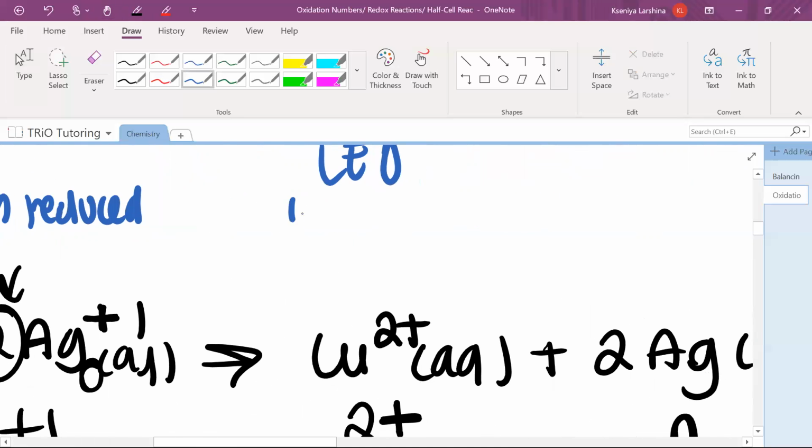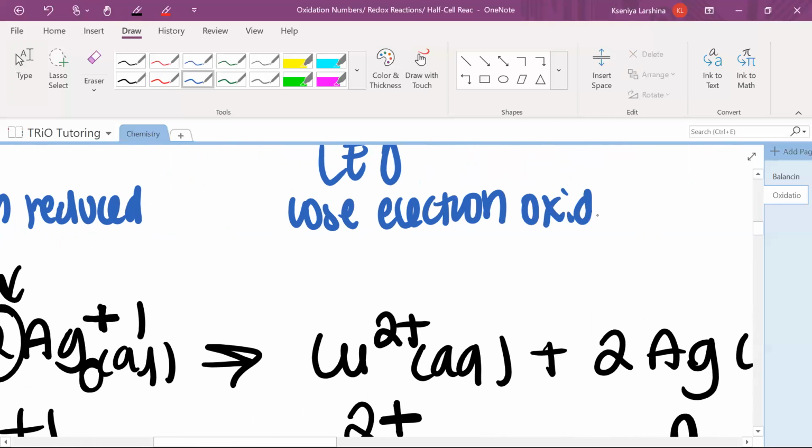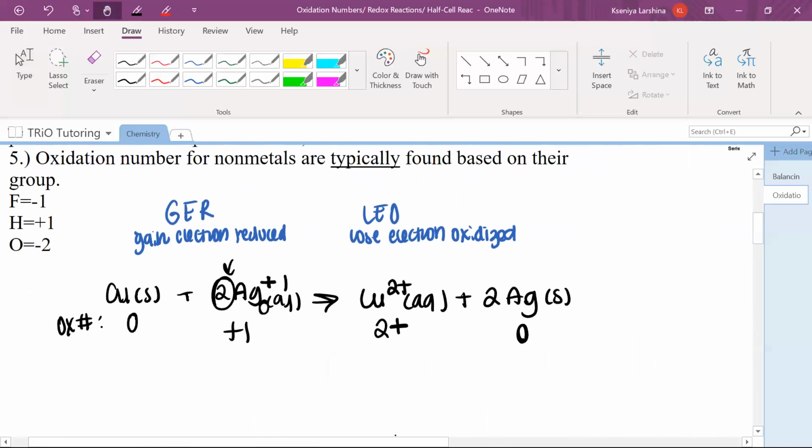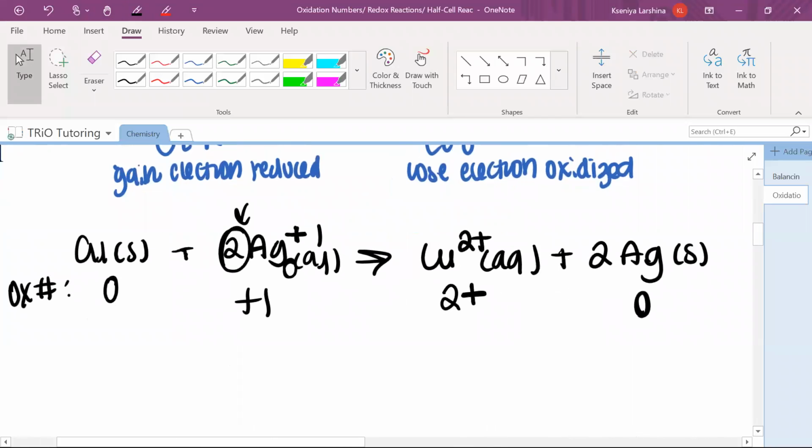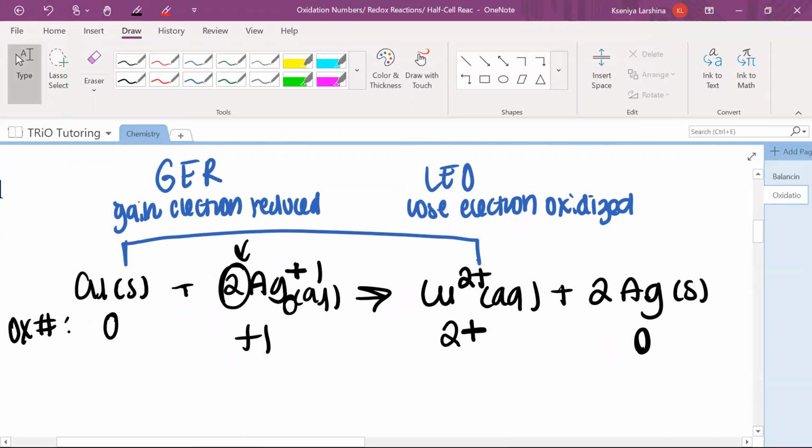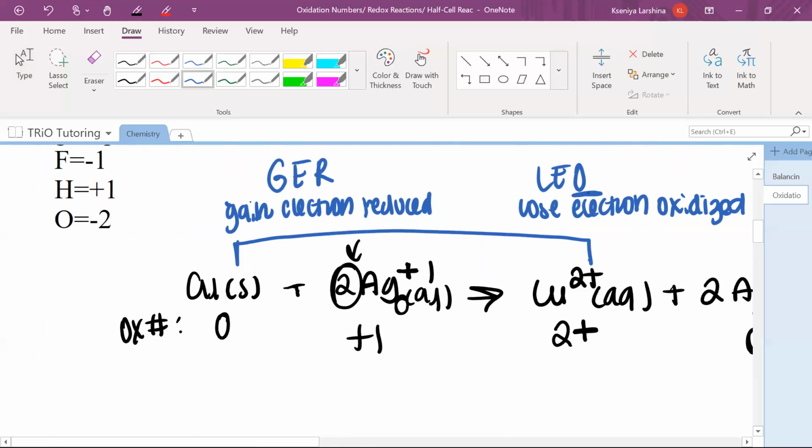And LEO is lose electron, oxidized. So because the copper increases in charge from here to here, it loses electrons to become more positive. So this is oxidized.